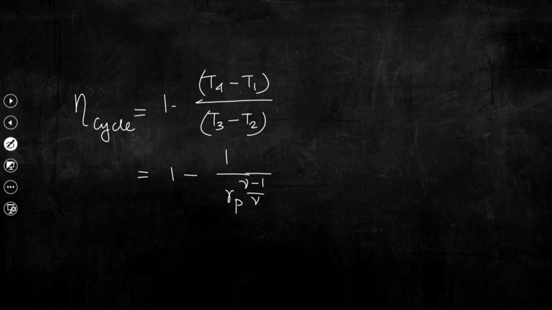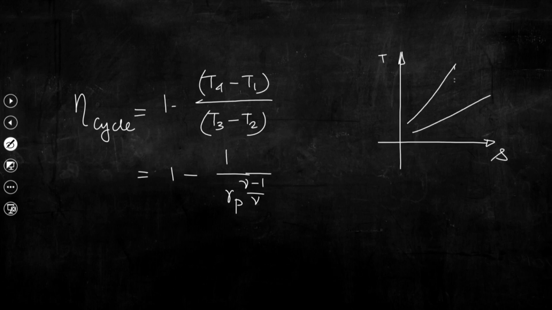If we draw the TS diagram and represent the processes, this is 1, 2, 3, 4. So, 1 to 2 is the compression process, then 2 to 3 is constant pressure heating. So, P equal to constant for this process and P equal to constant for the process 4 to 1.